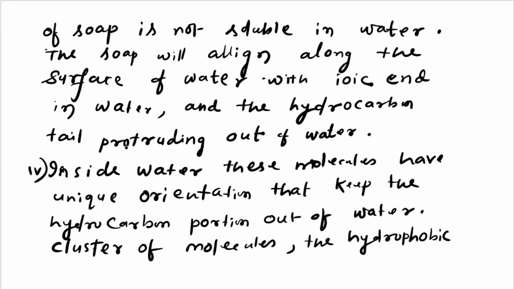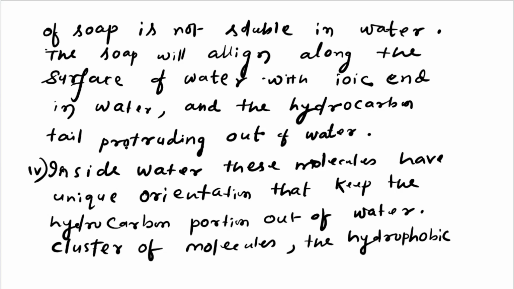And inside water, these molecules have a unique orientation. That means inside water, one part is the short end, another part is the long end. The long end is called the hydrocarbon part, and the short end is called the ionic part.